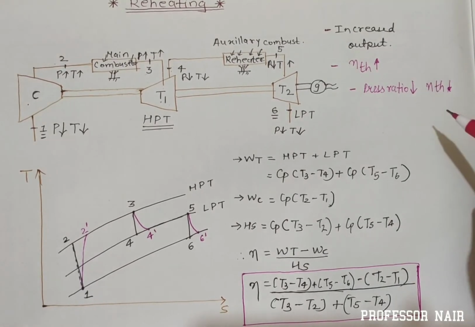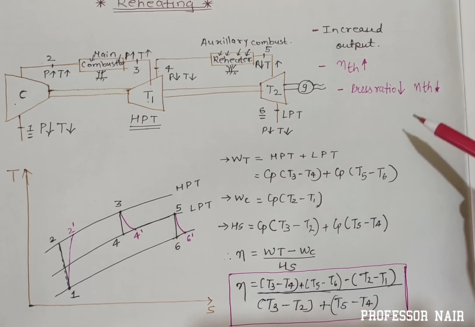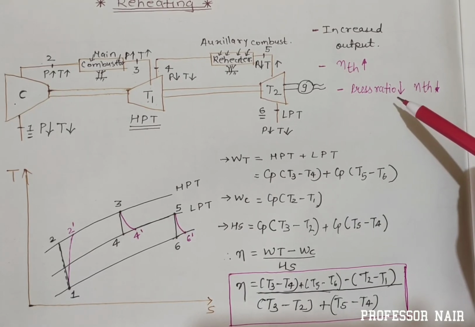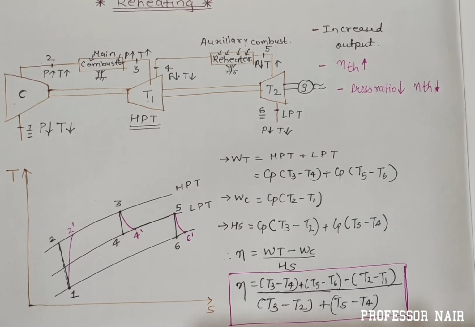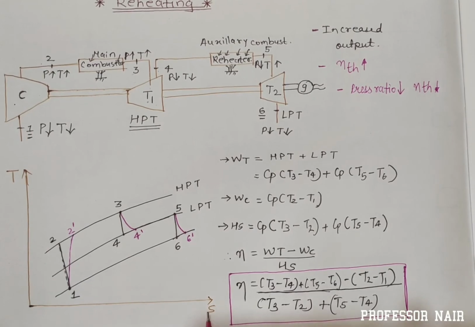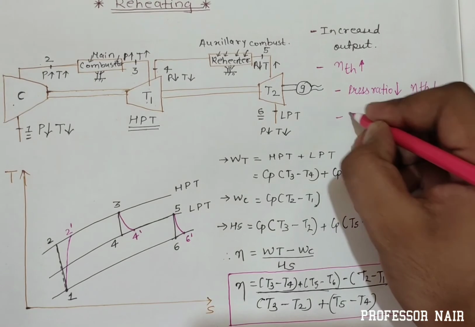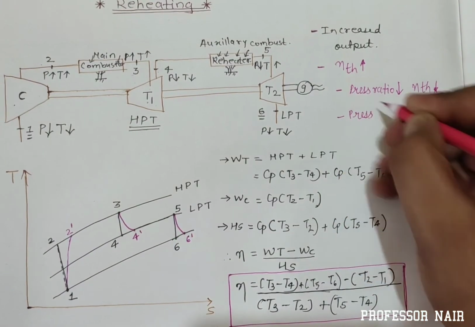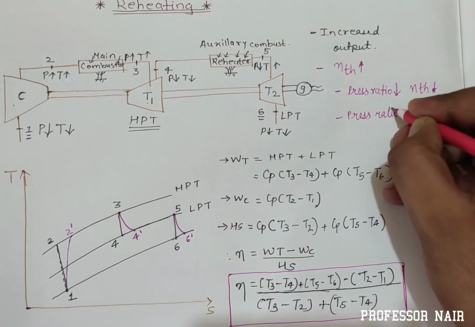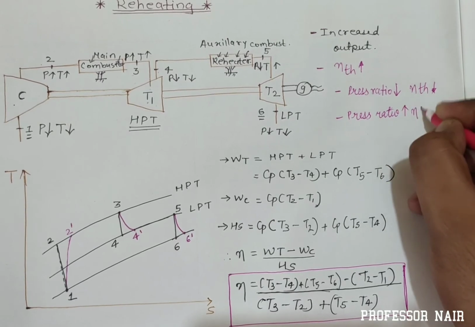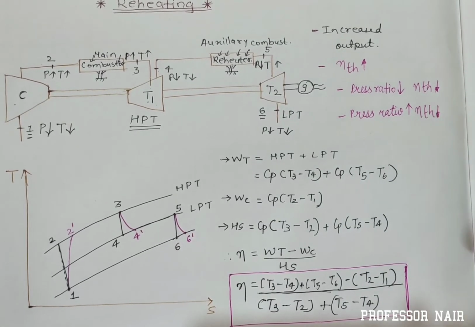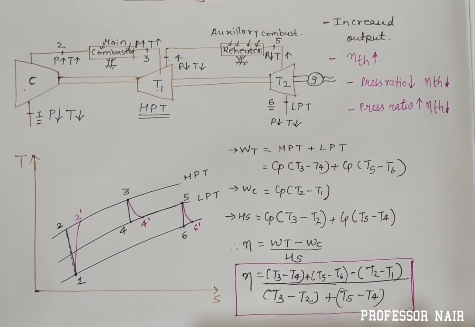Okay, means it would be of no use if your pressure ratio is less, because thermal efficiency is going to decrease, right? So whenever the reheating process is being used, the pressure ratio should be higher, and then thermal efficiency will increase, dear students.